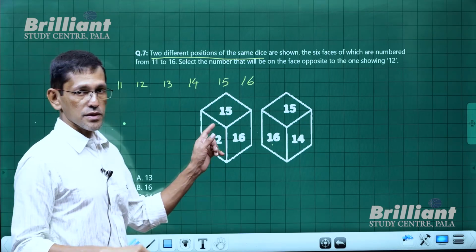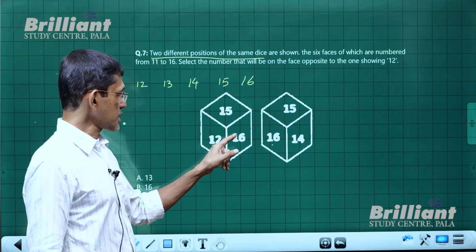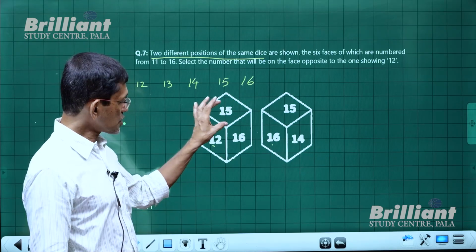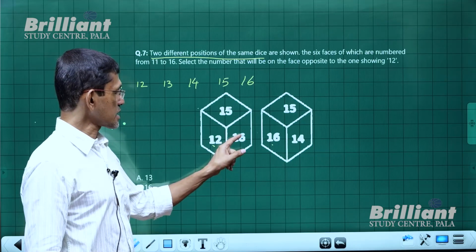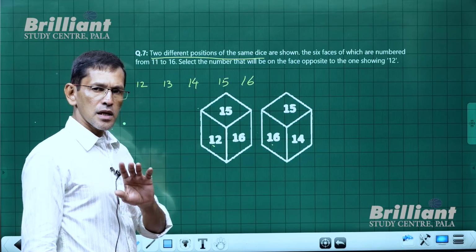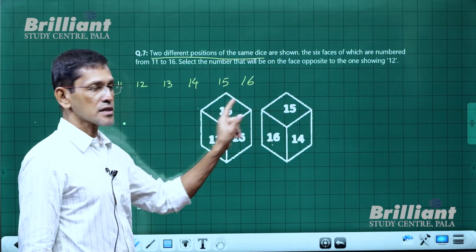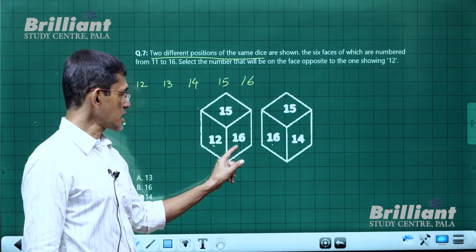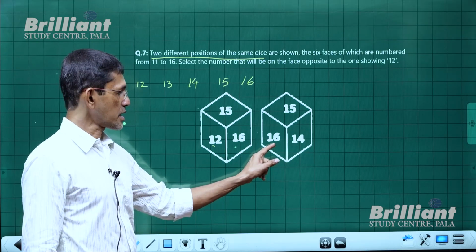Second rule, this is what? We have 15 here, and we have 16 here. So there are two numbers common, 15 and 16. It's not necessary that both numbers are at the same position. 15 is at the same position, but 16 in this case is on a different face.